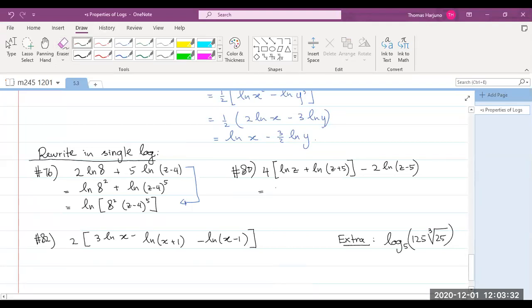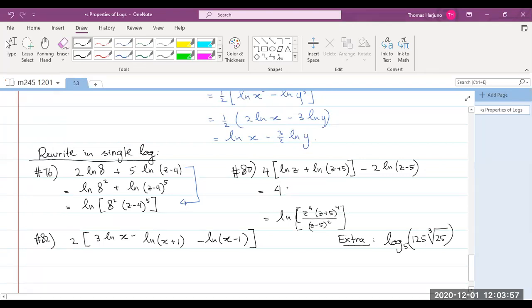Number 80, I do it a bit slower, okay? But if you do it fast, you will get the answer to be natural log of c to the 4th, z plus 5 to the 4th over z minus 5 squared at the bottom.